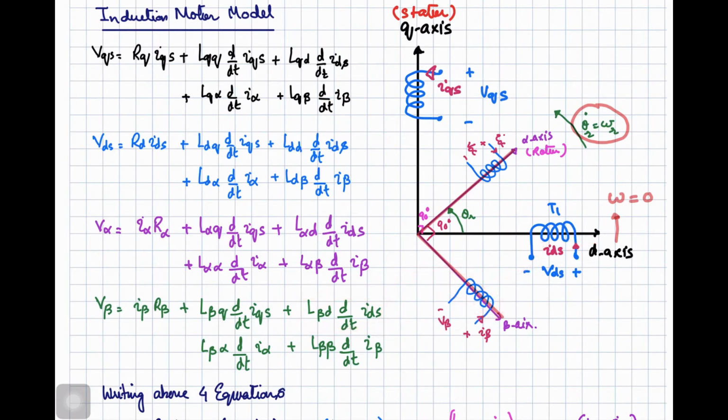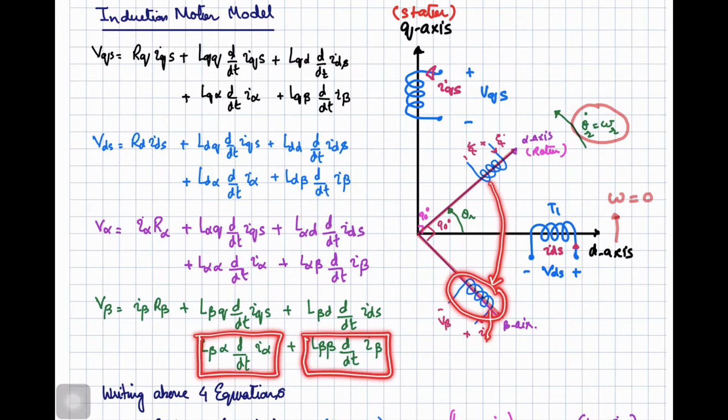And then the variation in beta axis because of alpha axis, so L_βα into dIα/dt, and then the voltage in the beta axis because of the variation of the current over the same axis, so L_ββ into dIβ/dt.